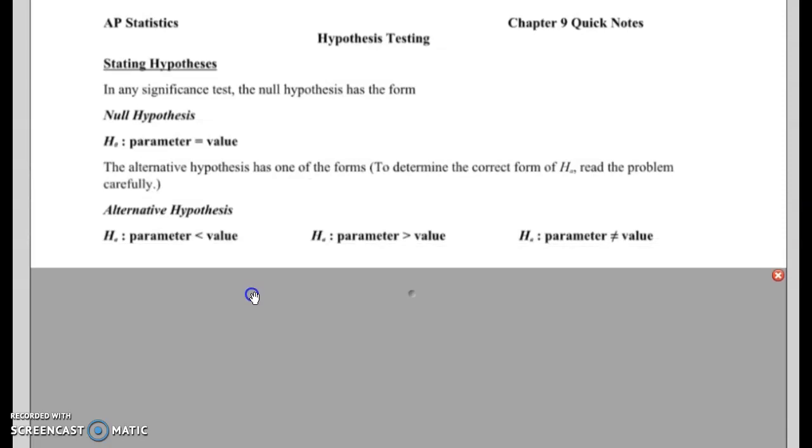So in general, the null hypothesis, this is what is known to be true. So coming into a situation, this is what we think is true. It's what we're testing. So it's either going to be a known population proportion or a known population mean.